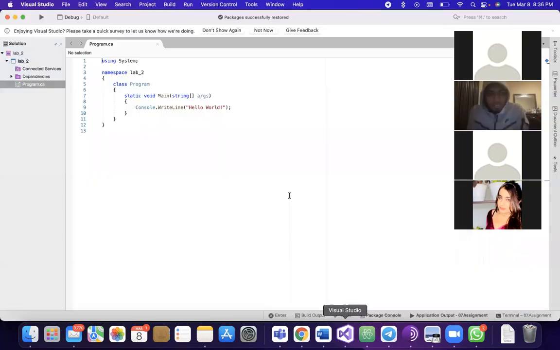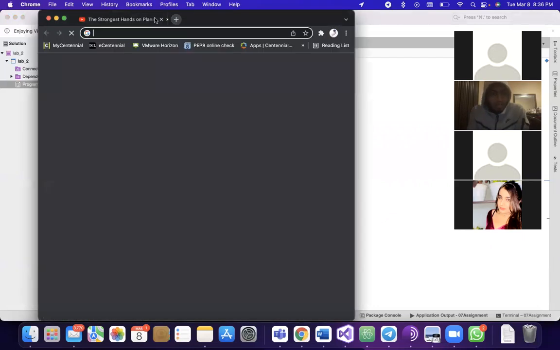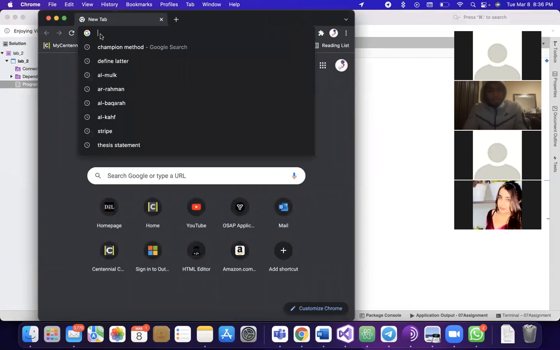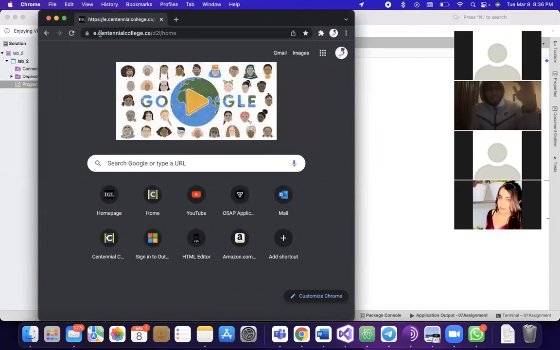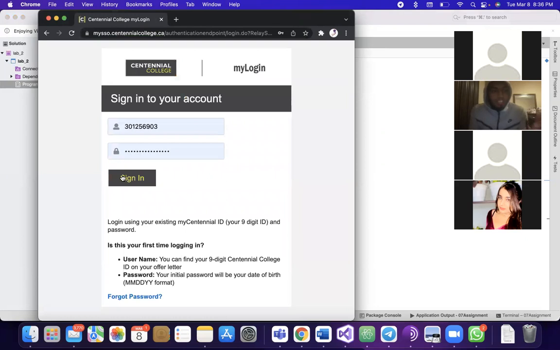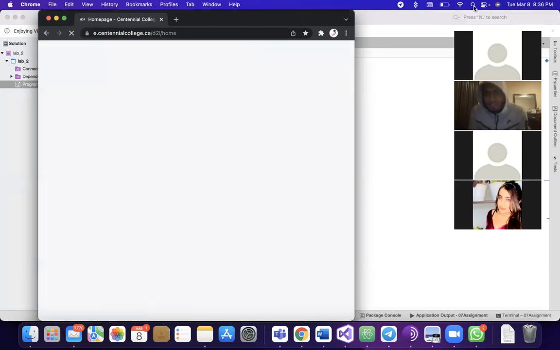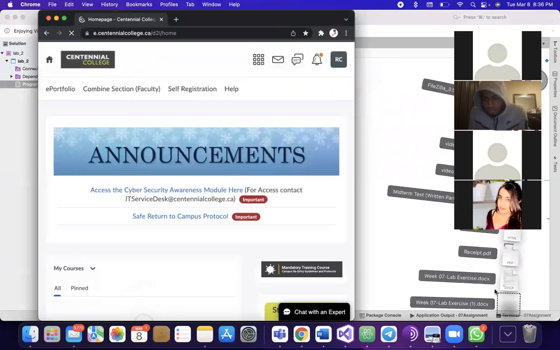And now we can start actually creating the lab. So I'm gonna go onto eCentennial and find the criteria that we have to follow for this assignment. Actually, I think I have it downloaded.